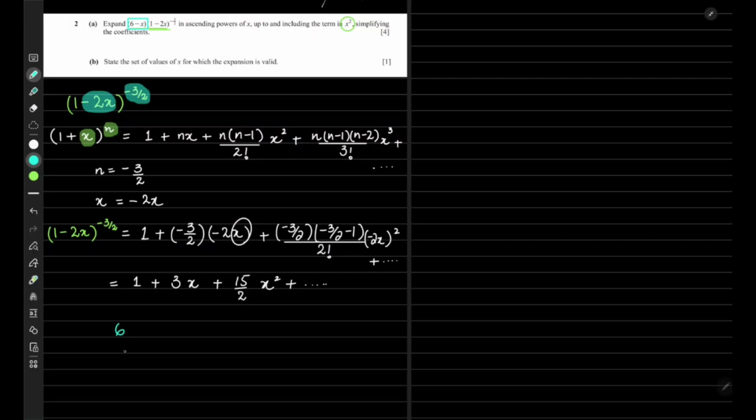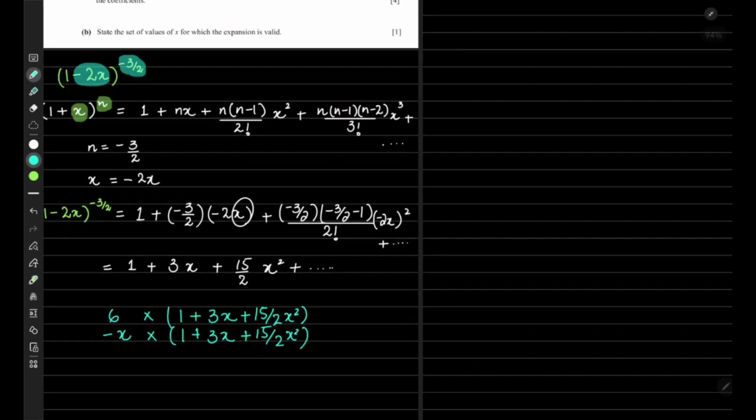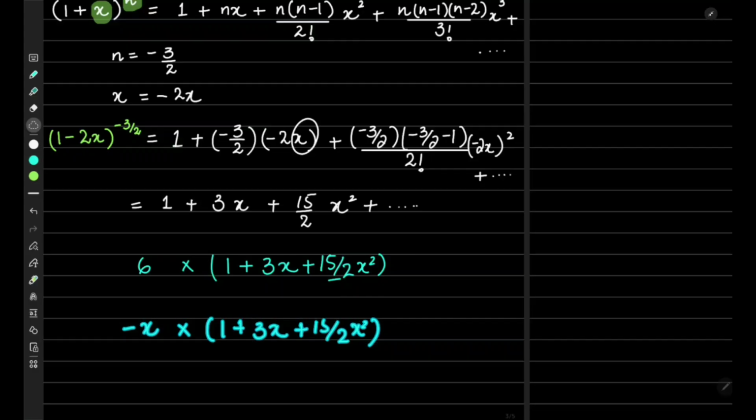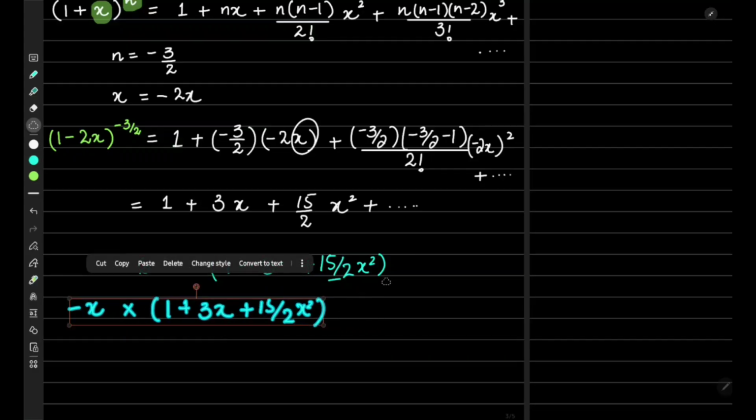So 6 and minus x multiplied with 1 plus 3x plus 15 over 2 x square, and similarly minus x is also multiplied by 1 plus 3x plus 15 by 2 x square. You can do them directly; I'm doing it individually by writing it like this, so it's your choice how you want to do this.